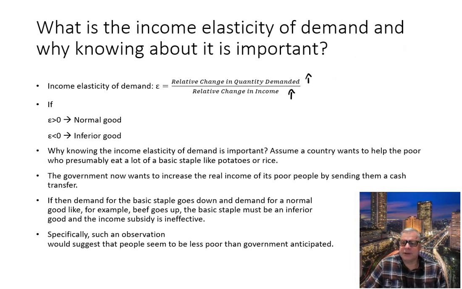But if we have the other case, and let's say the relative change in income goes up, but now we demand less of a good, maybe what happens with instant noodles, then we have an inverse relationship. The resulting elasticity is negative, and that would correspond to an inferior good.